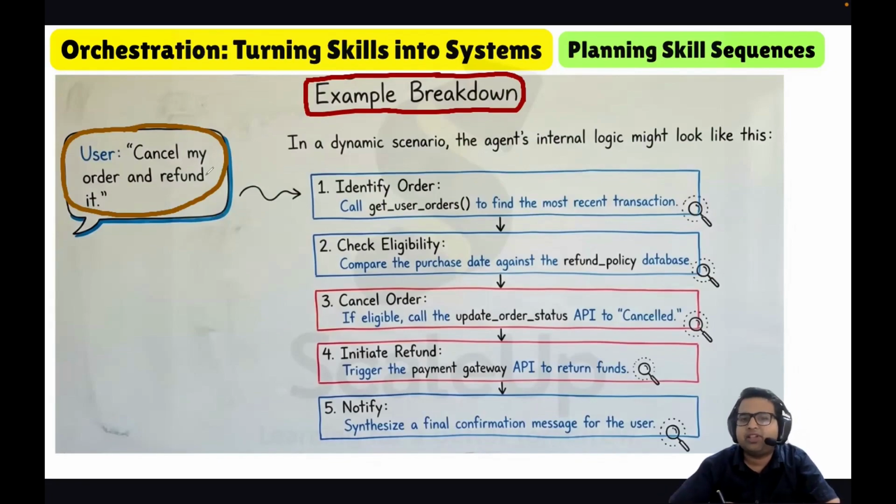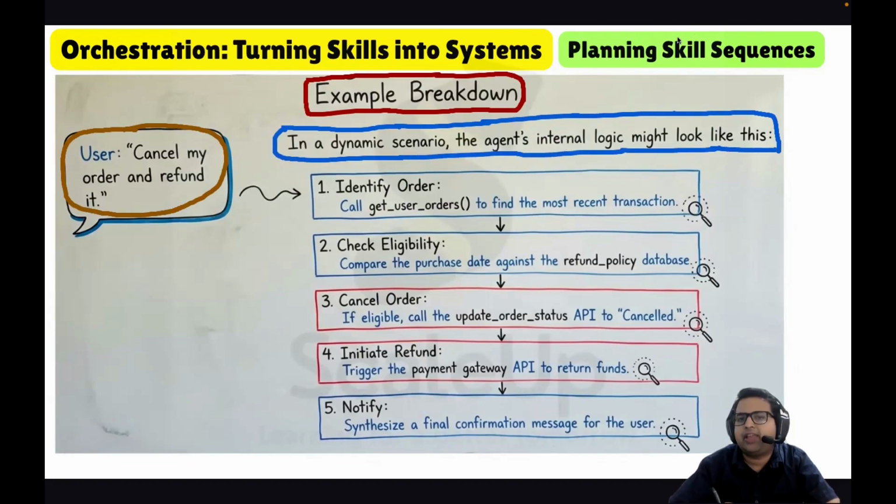So in a dynamic scenario, the agent's internal logic might look like this. This is the dynamic planning we are discussing. The agent will first try to identify the order, because cancel my order is very vague.